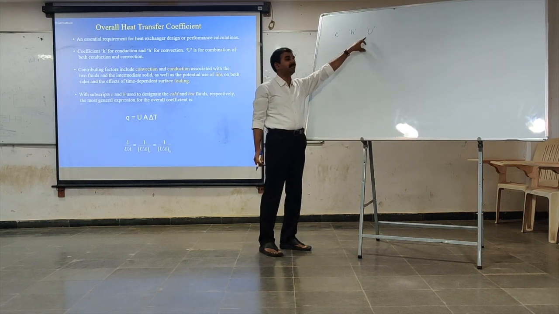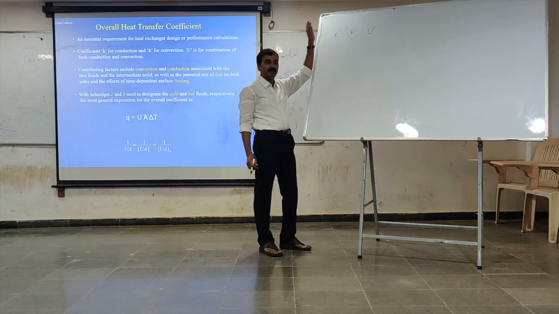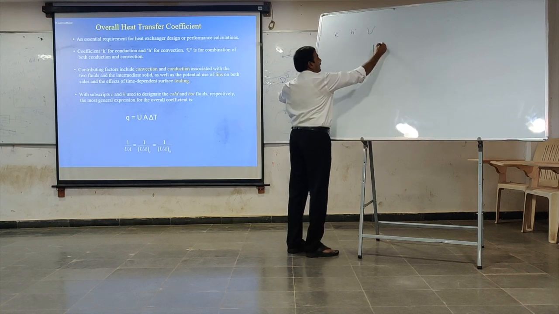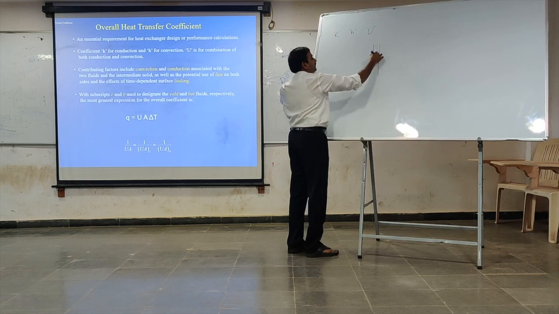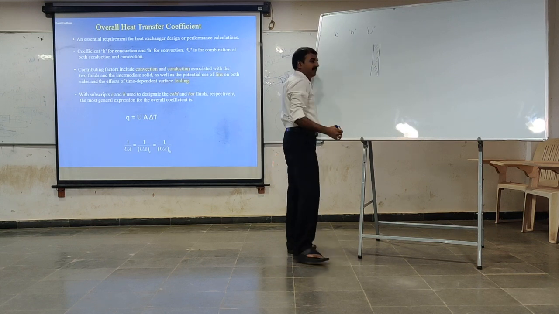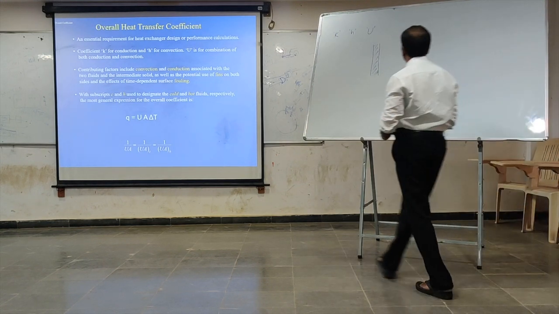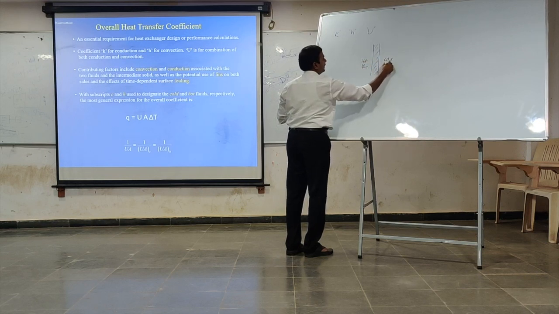So how do you get a mathematical expression for this? For example, if you take a plane wall like this, which is separating two fluids, say hot fluid here and cold fluid on the other side.